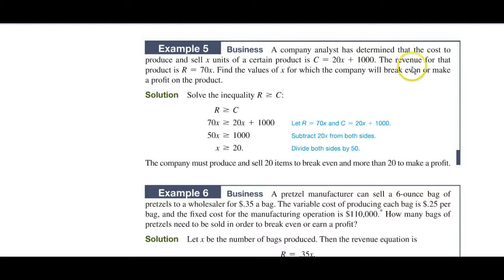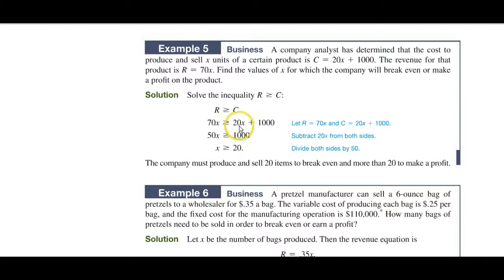So the break-even point on profit of a product is what? Well, it would be revenue is greater or equal to cost. So there's our revenue, which we're substituting R for this, and our cost, we're putting this there, and that's our inequality.